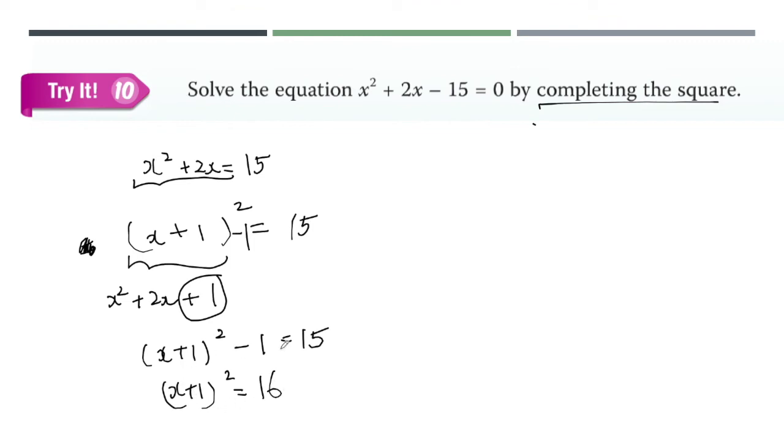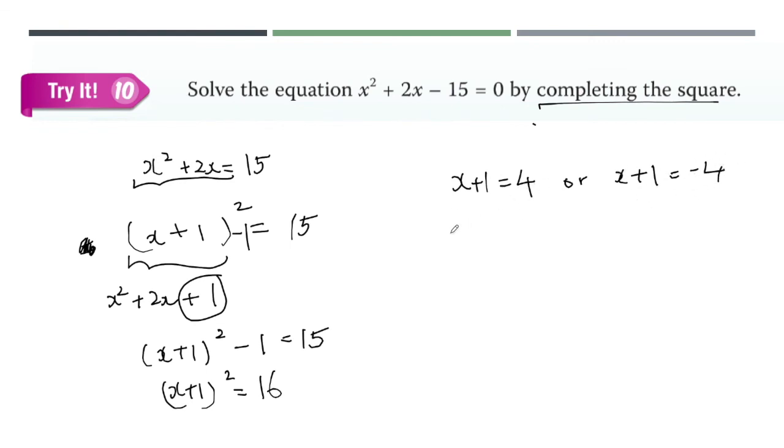Up until this step, we will be able to see that if this square is 16, so x plus 1 is equal to 4, people will see that. Most students can see this, but they'll forget the other part. Or x plus 1 can be equal to negative 4. Don't forget, when you square this, there's a plus, minus.